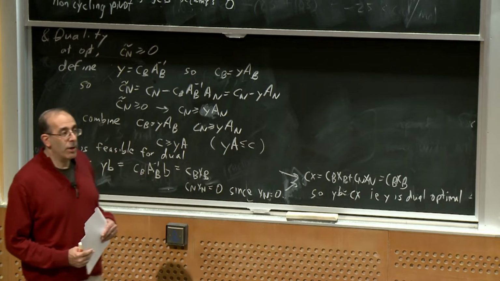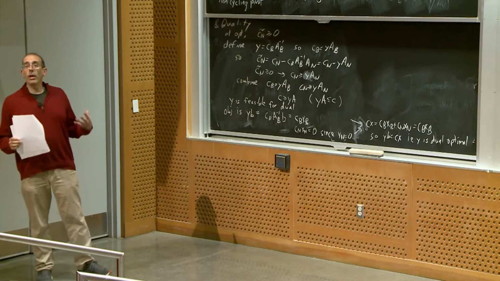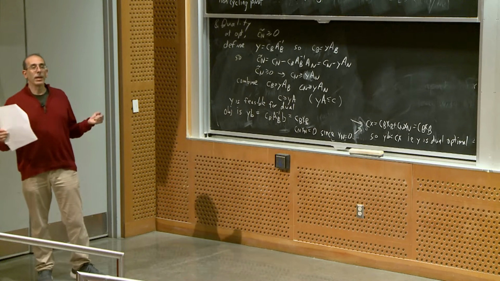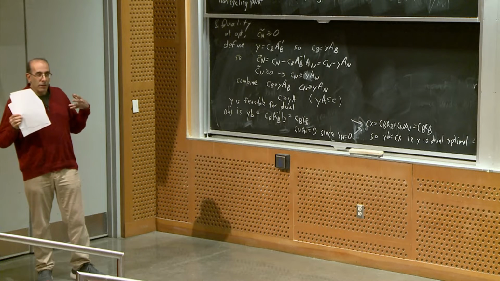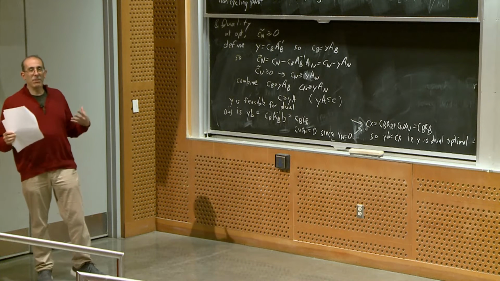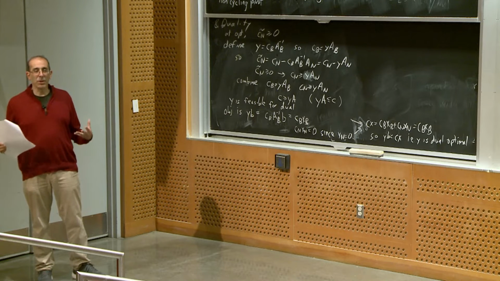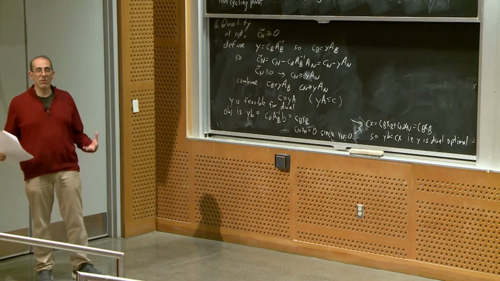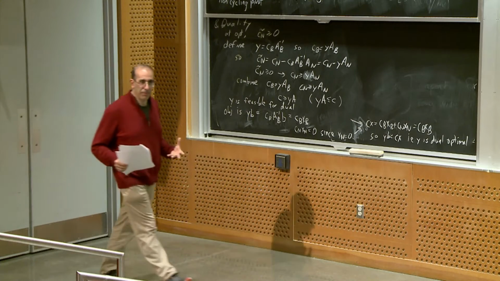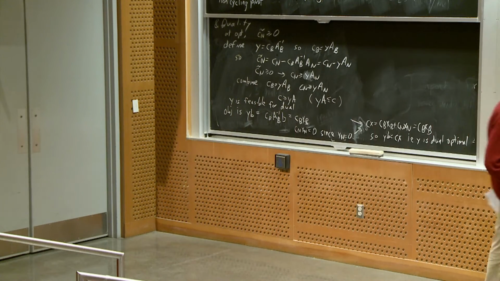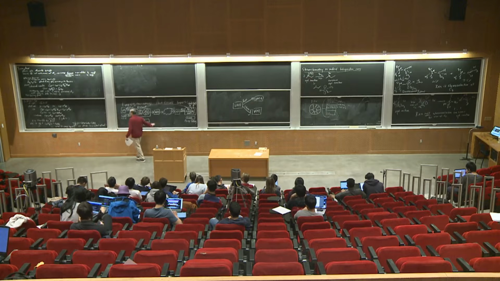So, even though we didn't do it, even though we weren't looking for it explicitly, the termination condition of the simplex algorithm actually gives us an optimum to the dual linear program, as well as an optimum to the primal linear program. Okay? So this is kind of backwards from what we were saying before.